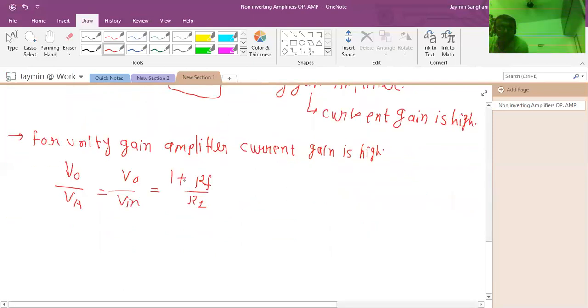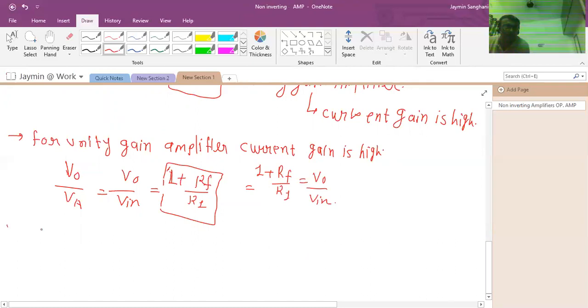See this equation. Here negative sign is not present in the output voltage. Negative sign is absent in output voltage.